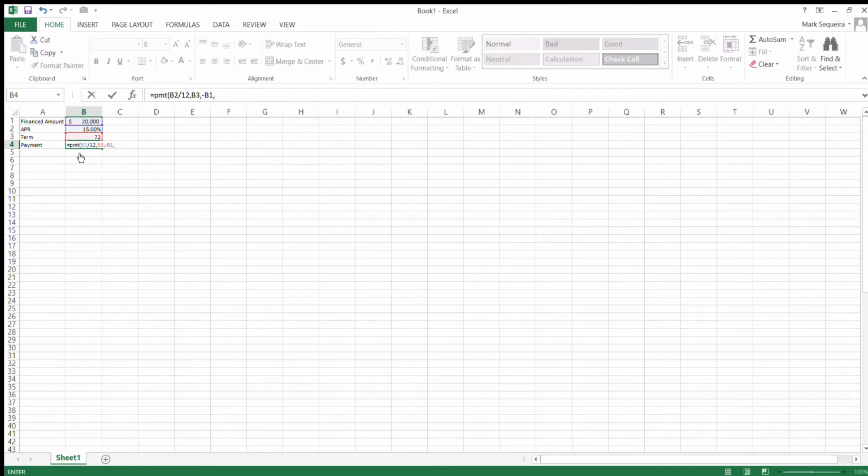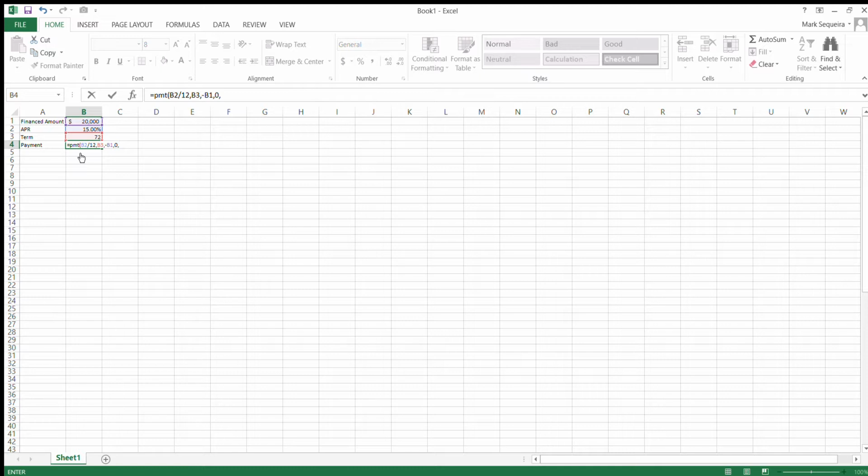Comma, and your next input is an abbreviation for future value. And basically, what is the future value of the money for this financial instrument? In this case, your financed amount. You want to pay this balance down to 0. So your future value input is going to be 0. Okay.